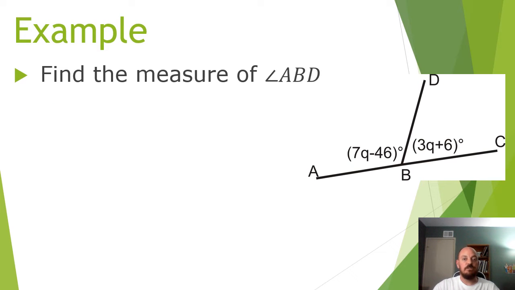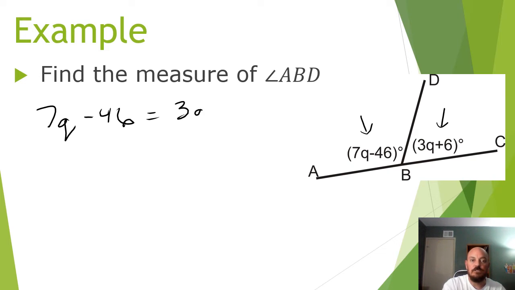So let's find the measure of angle ABD in this picture. Now, first of all, let me show you a common mistake, which you don't want to do. A lot of people in this question go, okay, I see this thing here, I see this thing here. Most questions we do, we just set things equal. So they write 7q minus 46 equals 3q plus 6, and they start solving.